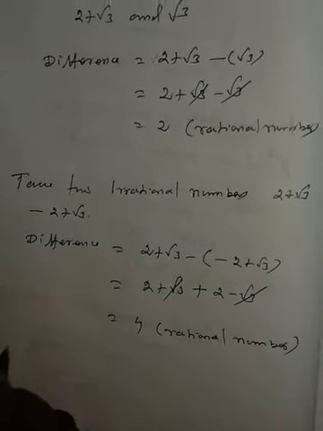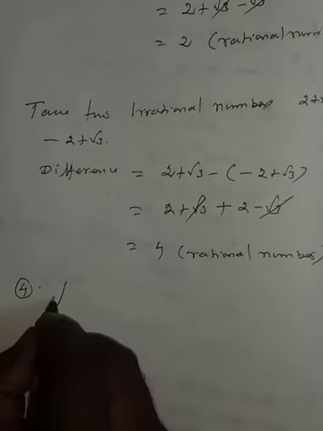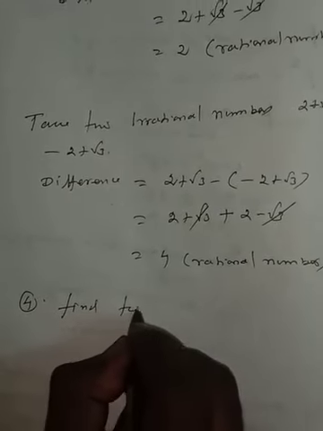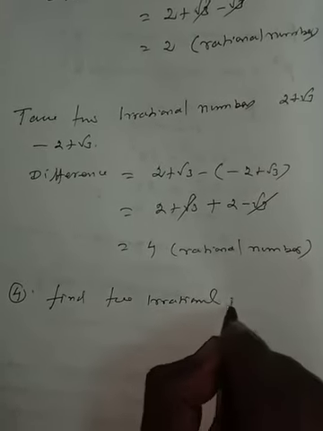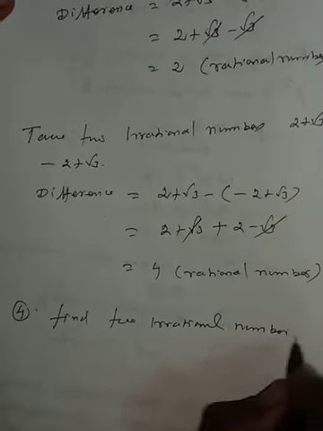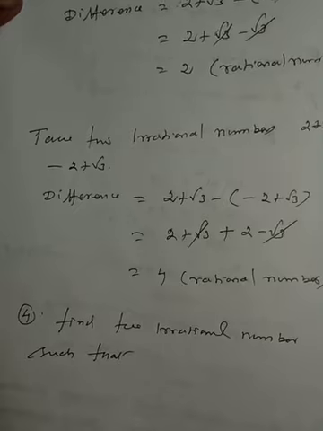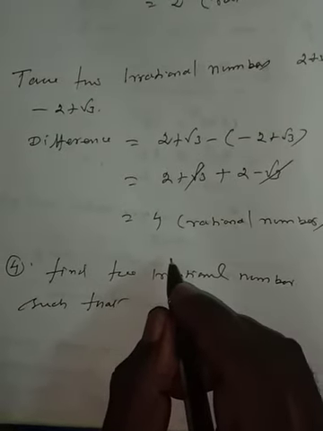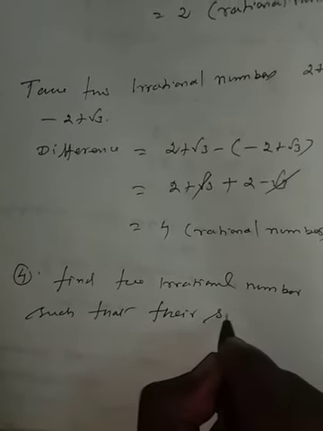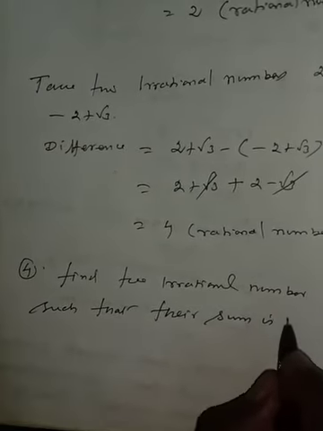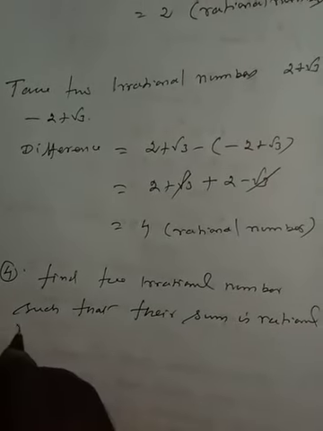Okay, next question number 4. Find two irrational numbers such that their sum is a rational number.